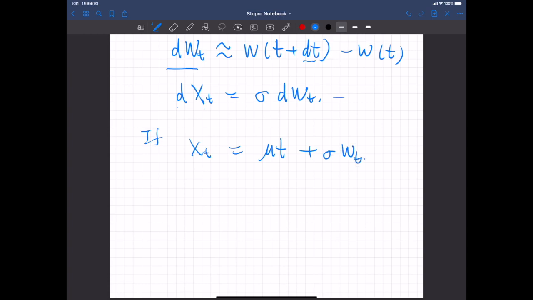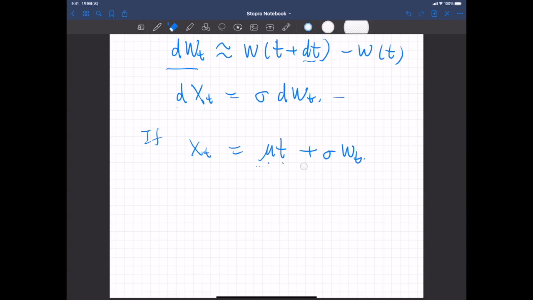Okay, so the second term is a random part, and the first term is a deterministic part because this is just linear in time, and mu is just a constant. So this is a stochastic process that has some deterministic component and some random component.